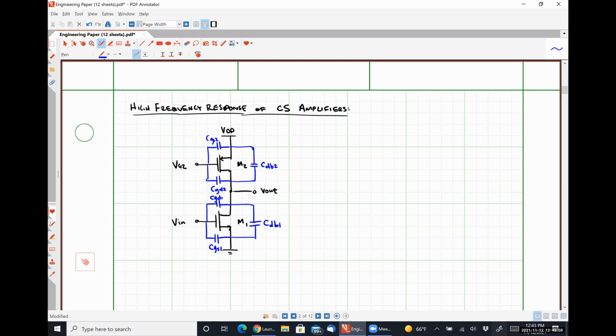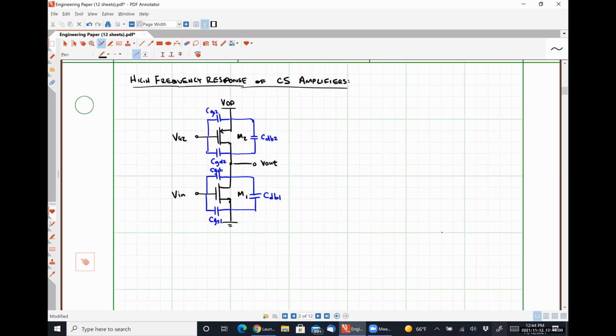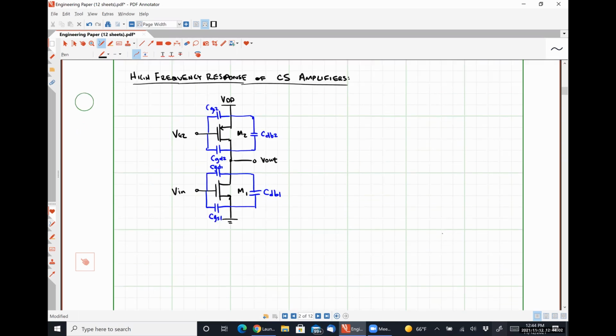So our goal is to figure out what the frequency response of this guy is, which is going to be summarized by its transfer function, for those of you that don't remember, the H of s. It is simply the output voltage as a function of frequency divided by the input voltage as a function of frequency.